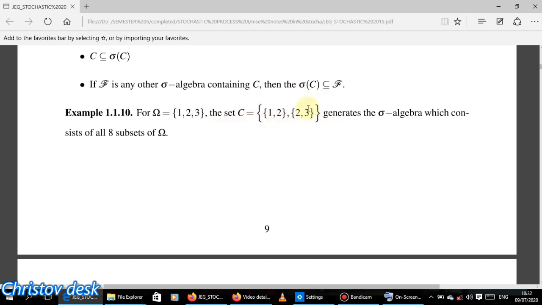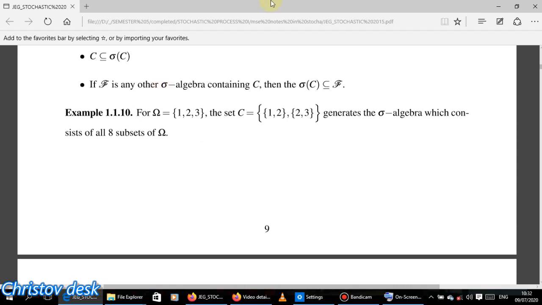Remember this is a collection of subsets coming from this set. If you pick {1, 2} and {2, 3}, you should be able to generate a sigma algebra. Even if you combine them, {1, 2} and then {2, 3}.